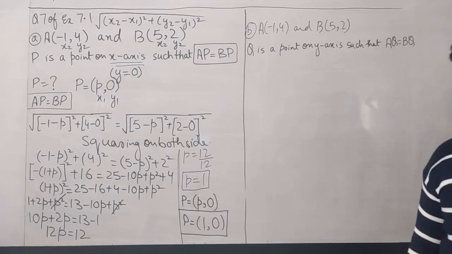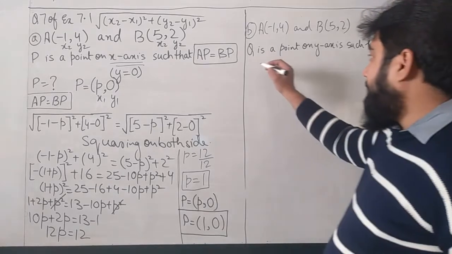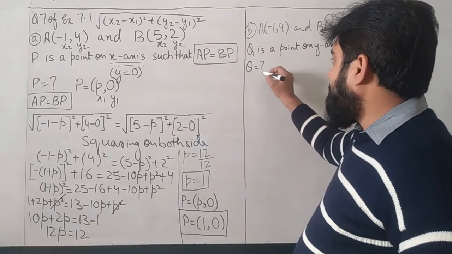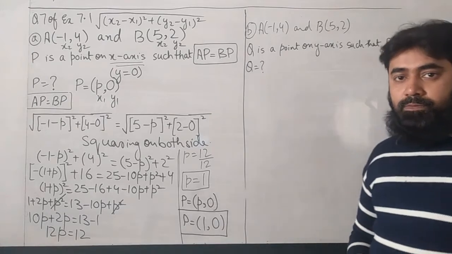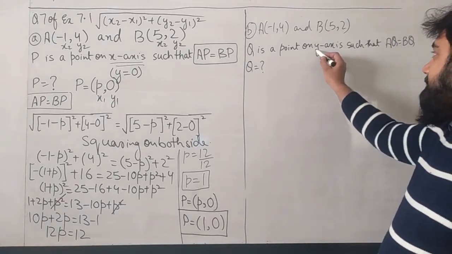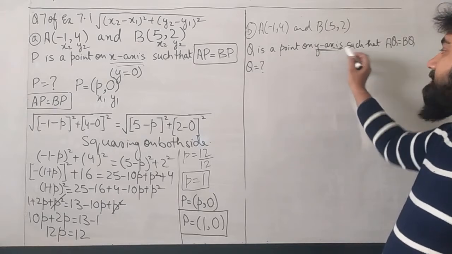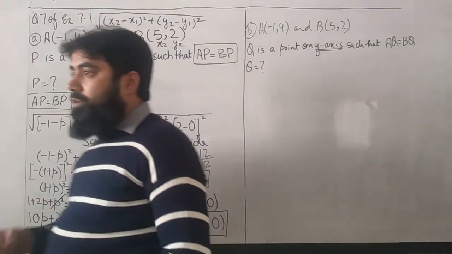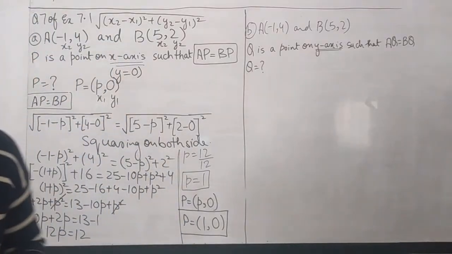AQ equals BQ, right? And now after that they are saying that find the coordinates of Q. Okay, find the coordinates of Q. In this one, the special thing, where is Q? Q is on the y-axis.